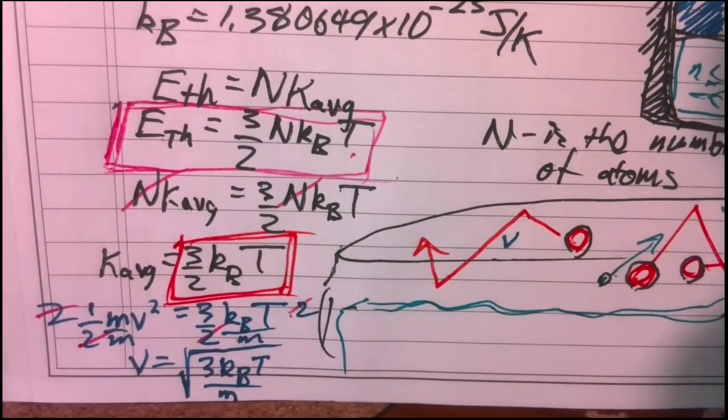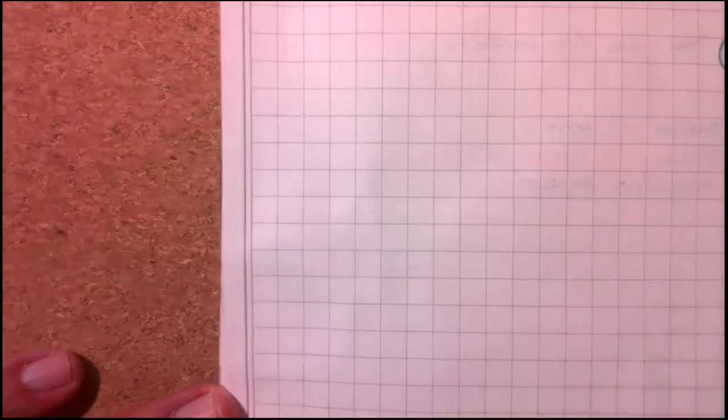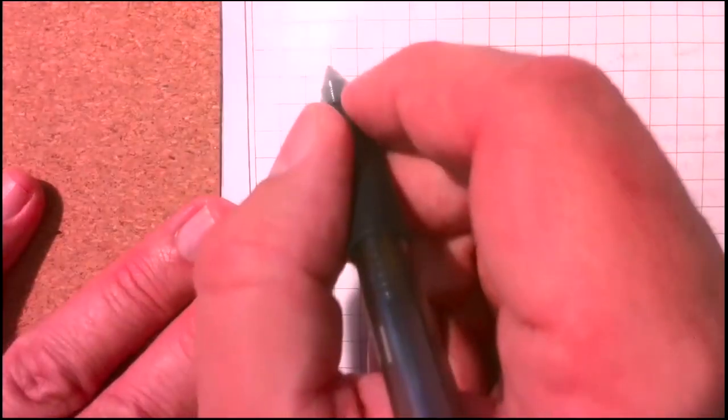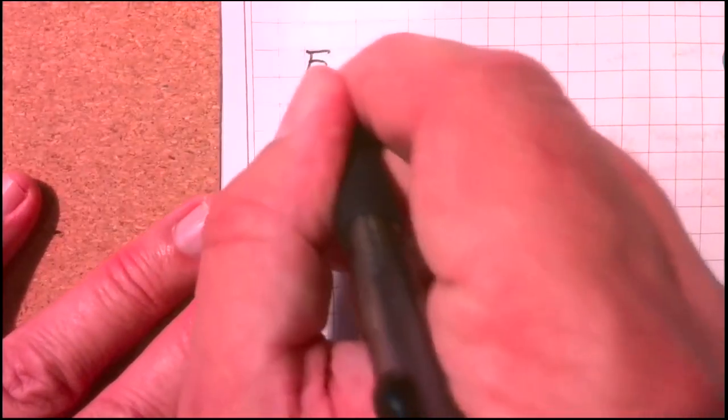So we have our equation for this problem, which is good. It's always good to know what equation we're going to use. So where are we at here in terms of the problem? We want to actually solve this problem.